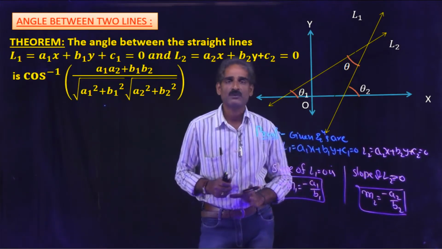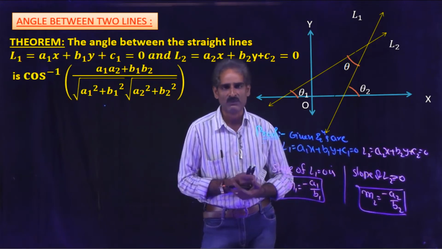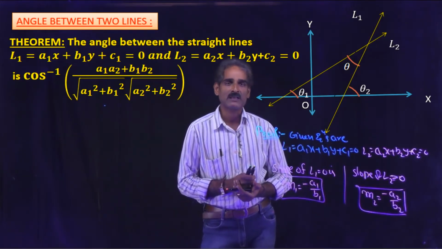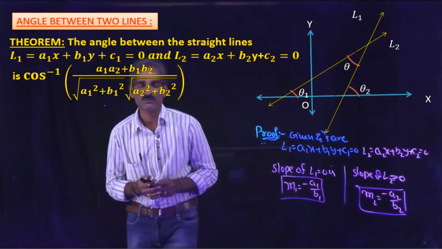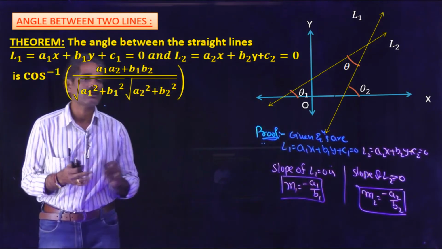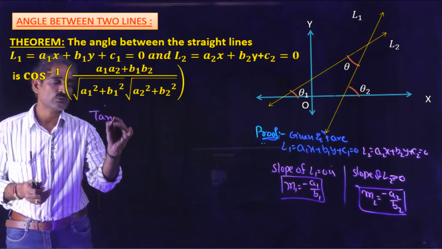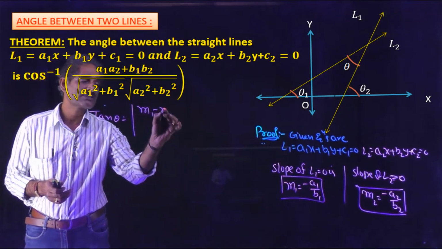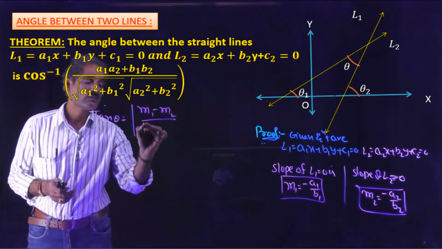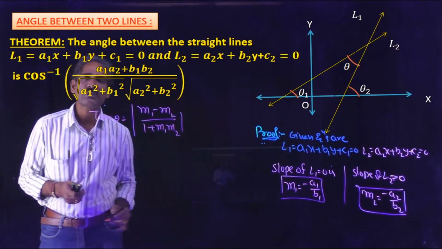If you have slopes m1 m2, we have a formula to find the angle between the lines. What is the formula? Tan theta is equal to modulus of m1 minus m2 by 1 plus m1 m2. We have to derive a formula for cos theta.